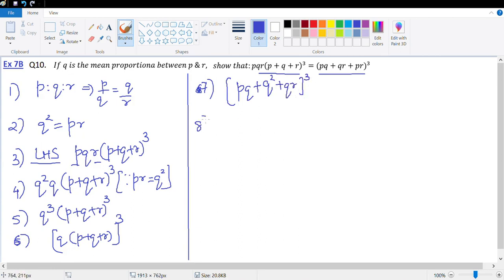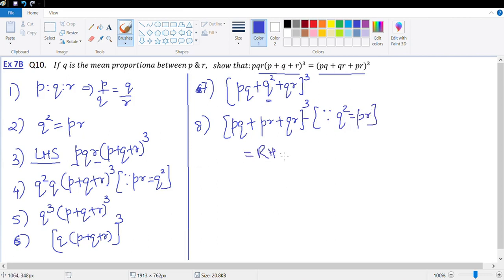Now I know Q square is equal to PR, which means (PQ plus PR plus QR) raised to the power 3. Reason, since Q square is equal to PR. And this is equal to the right hand side. That's exactly what they wanted us to do. (PQ plus QR plus PR) to the power 3. Hence proved.